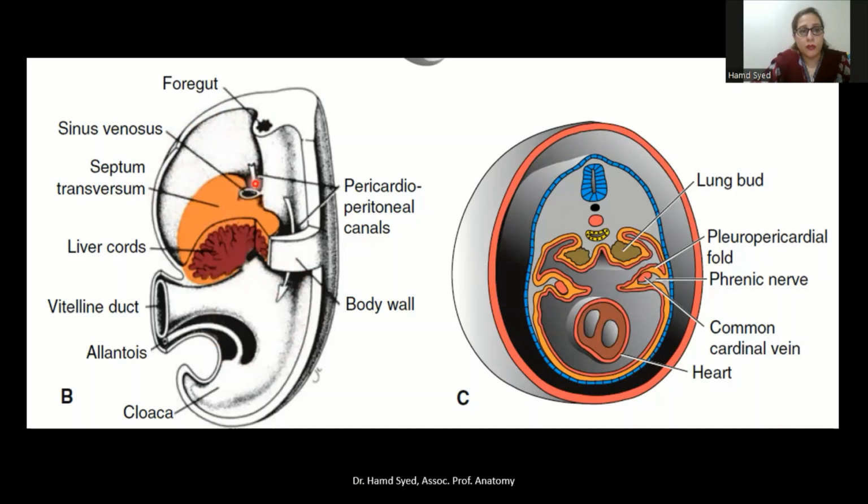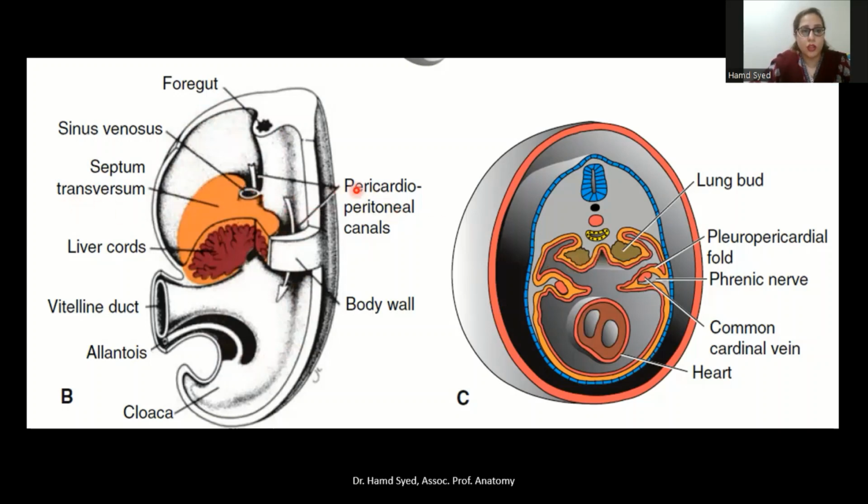But posteriorly, if you look over here, the septum transversum is deficient or absent. And these are the passageways or the communication canals between the thoracic cavity above and the abdominal cavity below. These passageways are called the pericardio-peritoneal canals. It is within these canals that the primary bronchial buds are going to grow and expand.